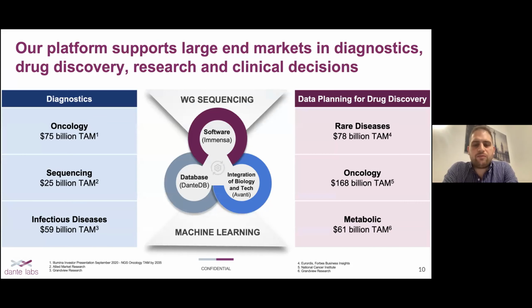And we have built our software for the interpretation of the data for advanced diagnostics, software for the integration of biology and technology to discover new drug targets into different sectors, among which rare diseases, oncology, and metabolic. And while we are building this software and these services for our customers, the majority of them consumer customers and clinics, we are building our proprietary database.